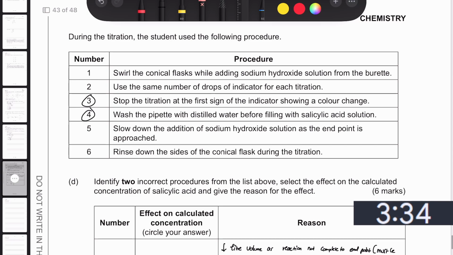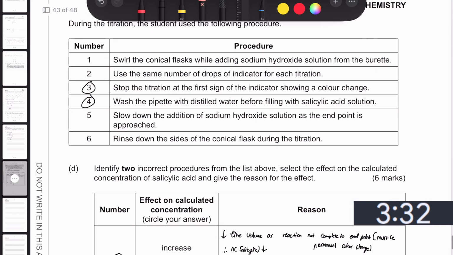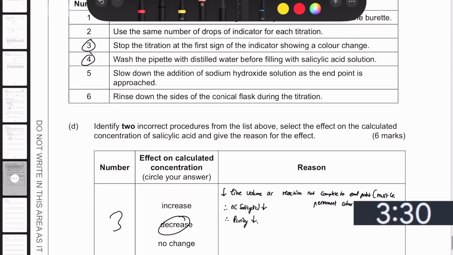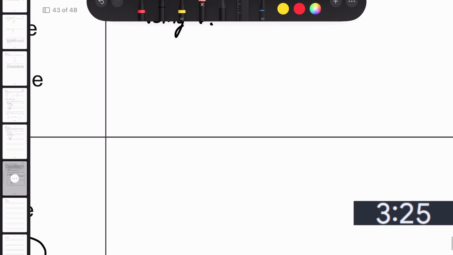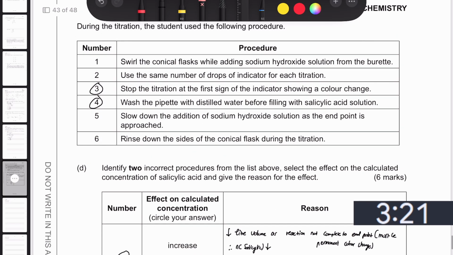Okay, and then number 4, wash down the pipette with distilled water before filling with salicylic acid solution. This will decrease. Oh no, because then you're saying it's more distilled water, so the salicylic acid solution is going to decrease.